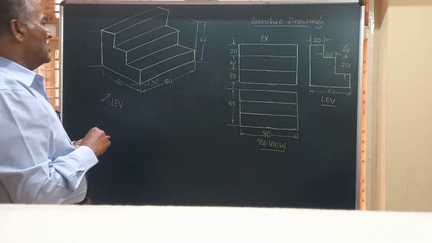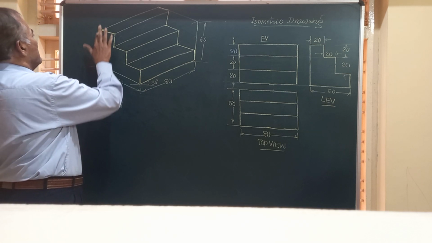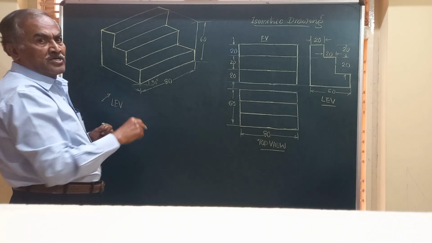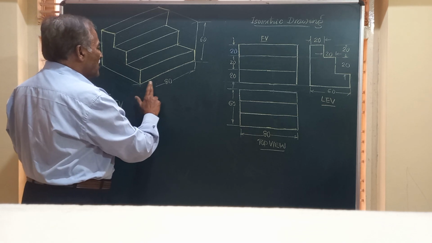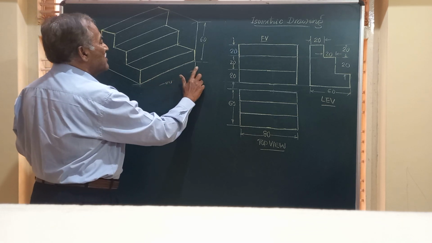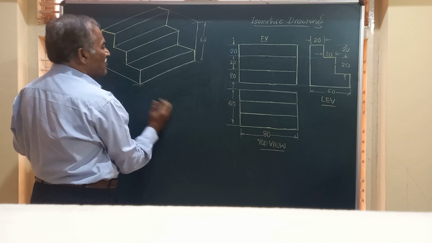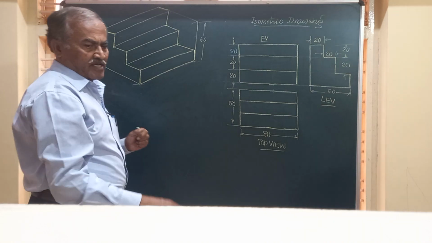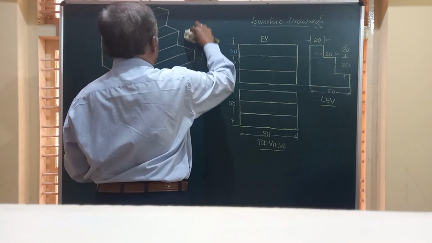And friends, after completing this projection, let us remove all the dimensions, because it is a convention in isometric projection or isometric drawing not to show any dimension or any angle and any of the invisible lines or dotted lines. Hence, I am going to remove all these lines which are not required.